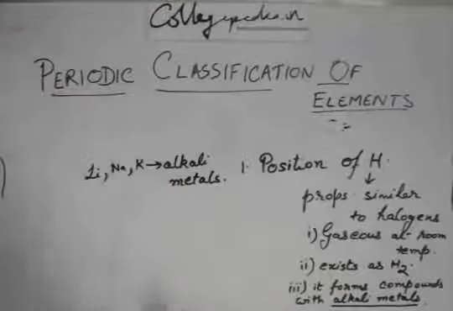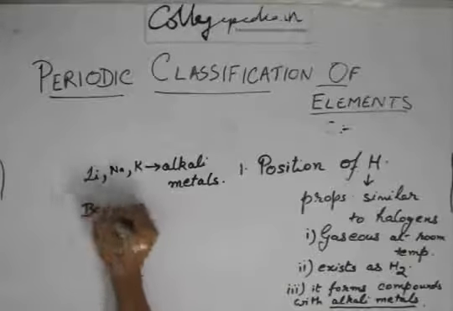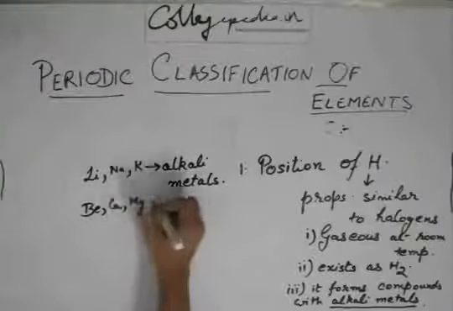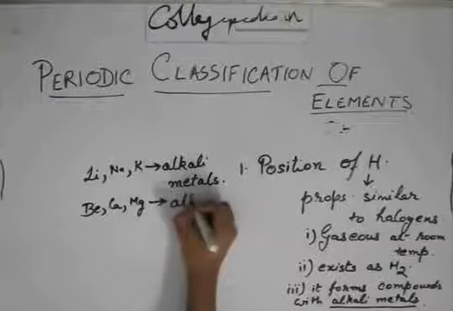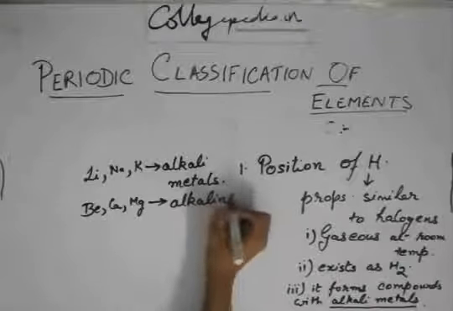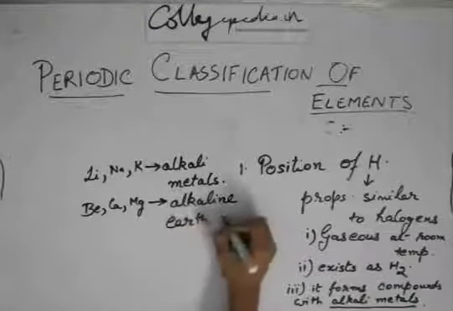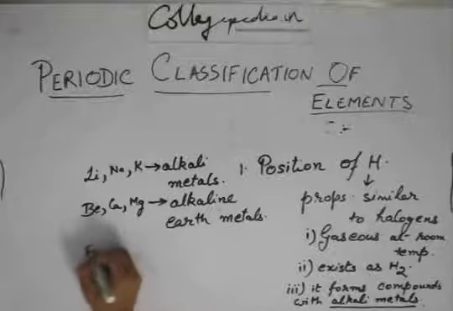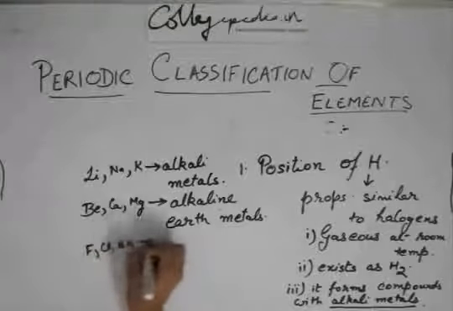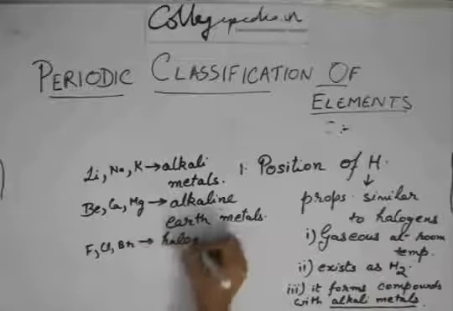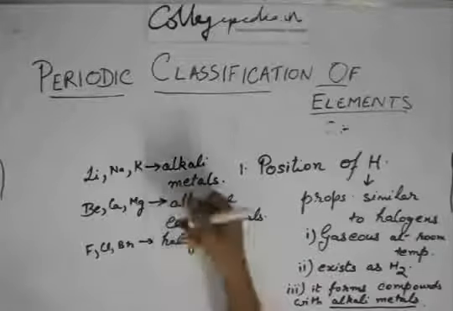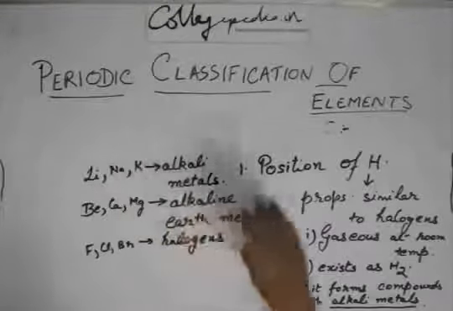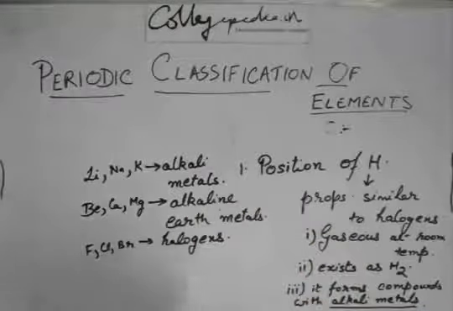This group is known as alkali metals, and that beryllium group, beryllium, magnesium, calcium (they are not in order, I'm just writing like that), is known as alkaline earth metals. And then of course you have fluorine, chlorine, bromine. These are halogens. These three are the most important group names, because you commonly call this group alkali metals, this group alkaline earth metals, and this group halogens.